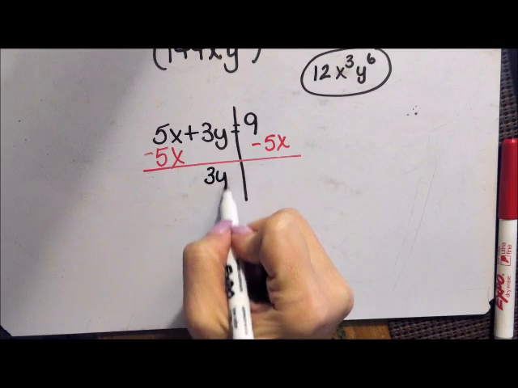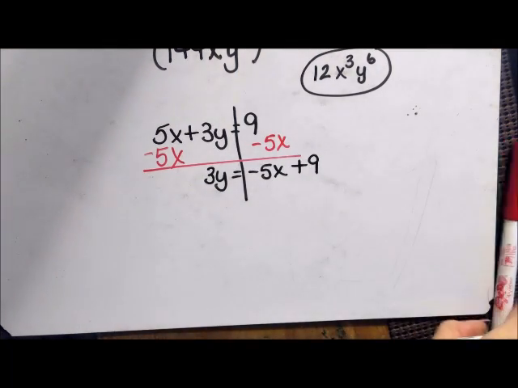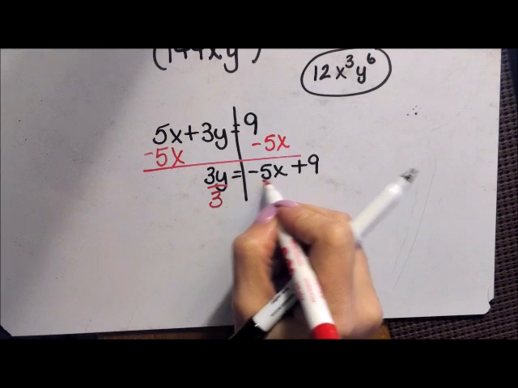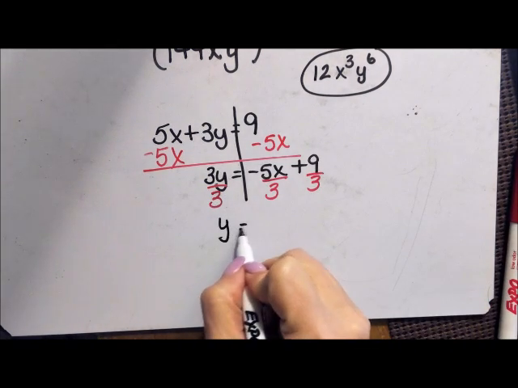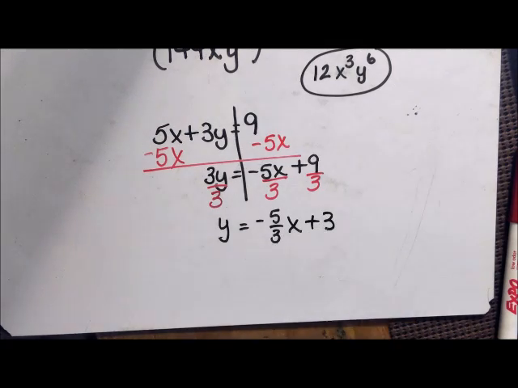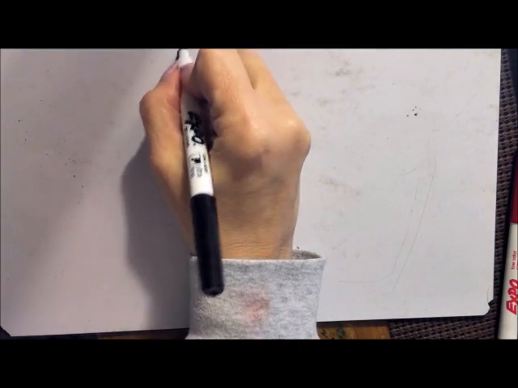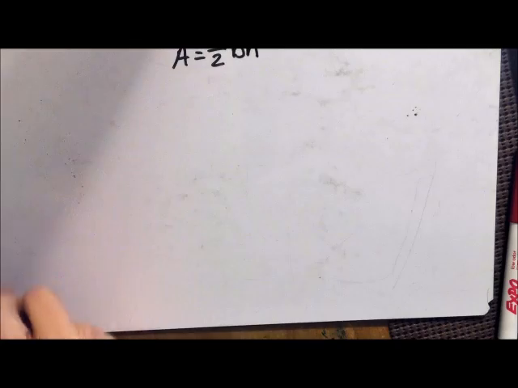So that'll be 3y equals negative 5x plus 9. I would divide everything by 3 and end up with y equals negative 5 over 3 x plus 3. That's a literal equation.